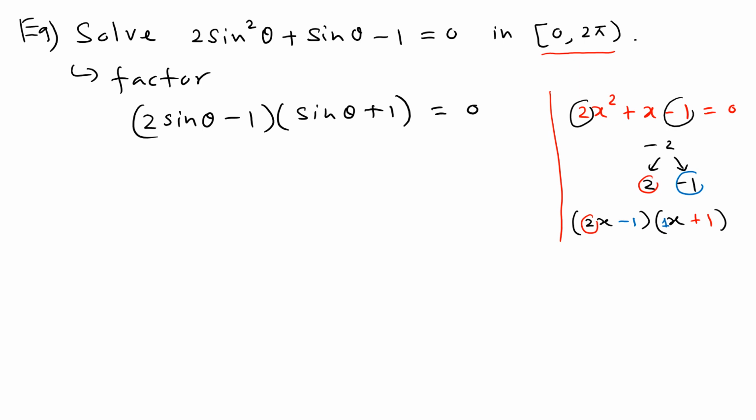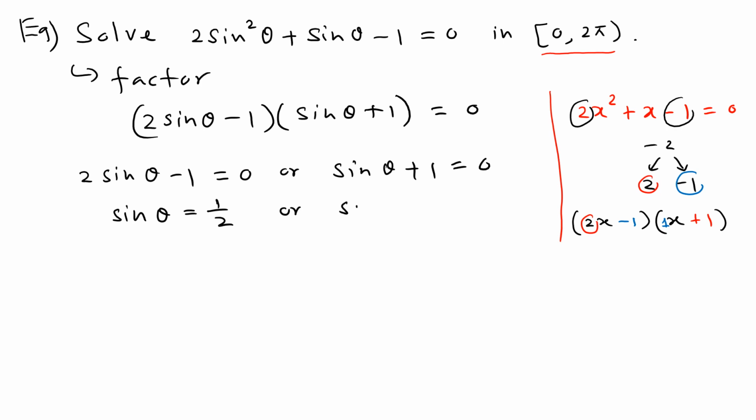So 2 sine theta minus 1 equals 0, or sine theta plus 1 equals 0. From the first one, if you isolate the sine term, bring 1 to the other side and divide by 2, sine theta equals 1/2. Here we get sine theta equals -1.